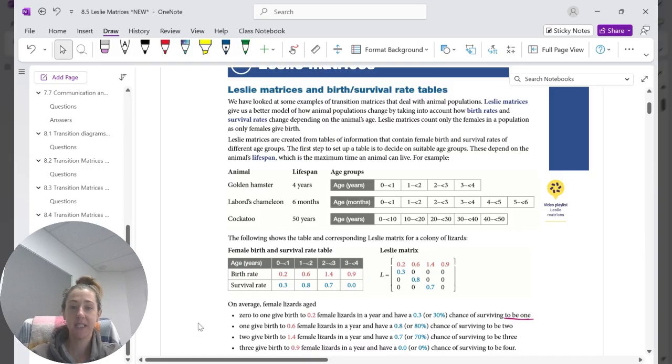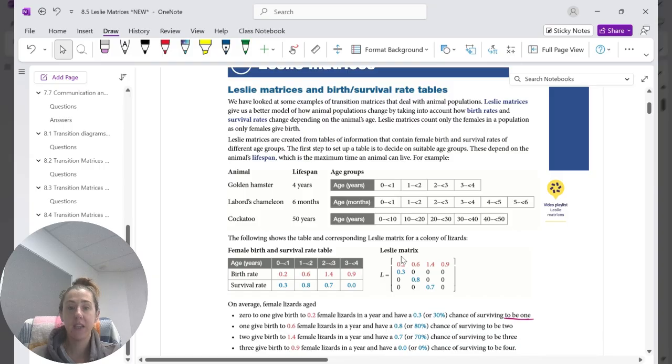So we've got some lizards here. We've got the birth rate and we've got the survival rate, and we've got them broken up into those age groups here. So this is our Leslie matrix. So 0.2 here and 0.3 here. This is moving from one age category to the next.